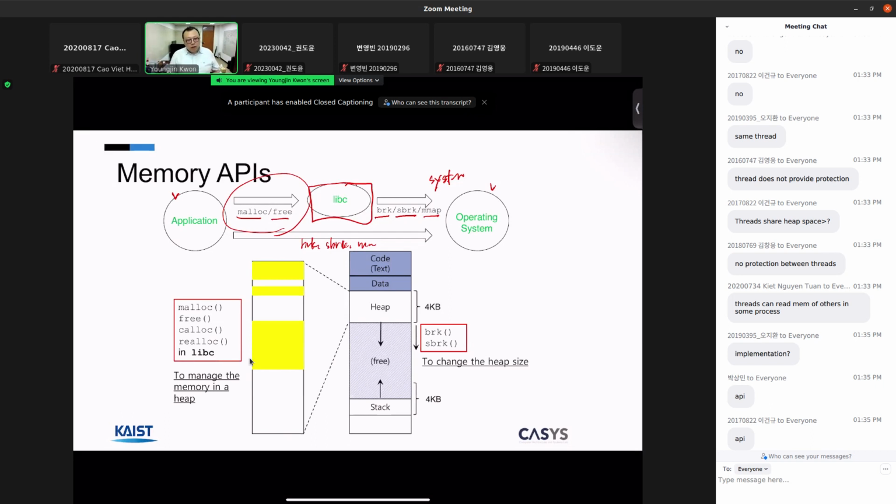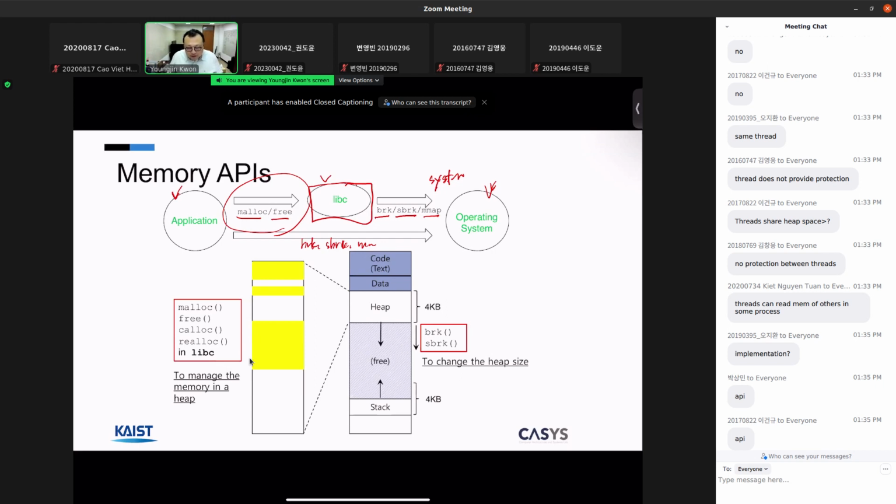Do you remember that you implemented the memory allocator in systems programming? So among application, libc, and operating system, where is the memory allocator? Which part did you implement as the malloc memory allocator?